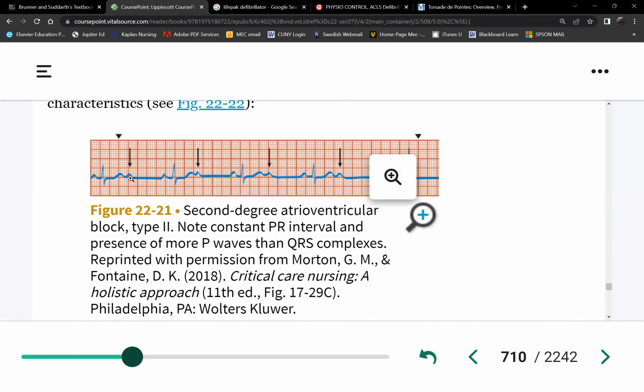Wait, so the PR interval is lengthened, but it's the same throughout? In which one? Type 2. The PR interval does not get longer. It stays the same. However, they lose a QRS. Is it still longer than it should be? Yes. Okay, that's okay.